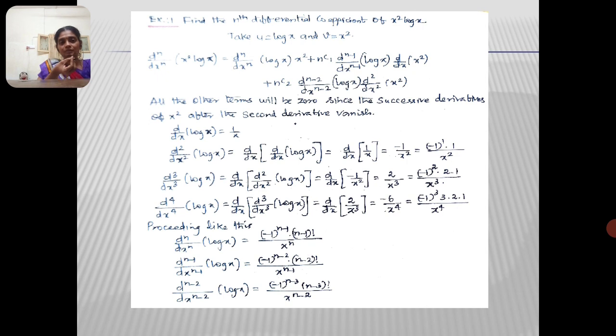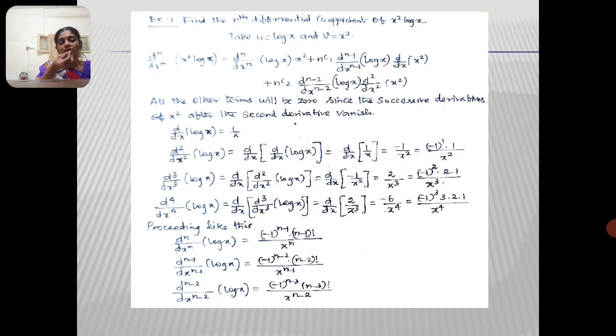All the other terms will be 0 since successive derivatives of x square after the second derivative will vanish. So we stop up to second derivative of x square. So totally we are having only 3 terms in the right hand side. So first we take d by dx of log x, that we know as 1 by x. Then d square by dx square of log x is minus 1 by x square. This can be written as minus 1 power 1 into 1 by x square.